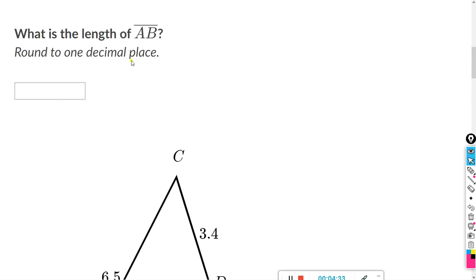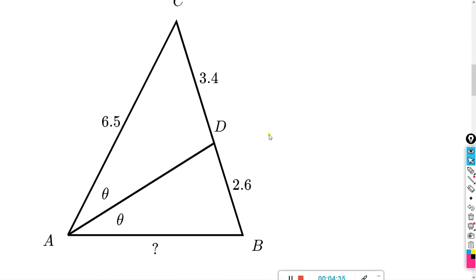So again, round to 1 decimal place. And we have this angle here bisected. So those 2 angles are congruent. We just ignore the side that's shared by both triangles. We set up 2 fractions.